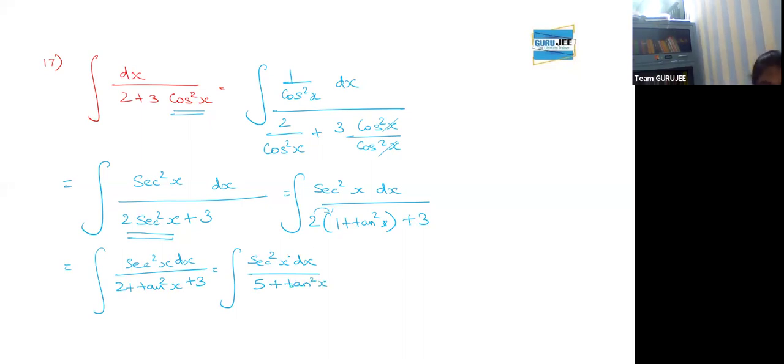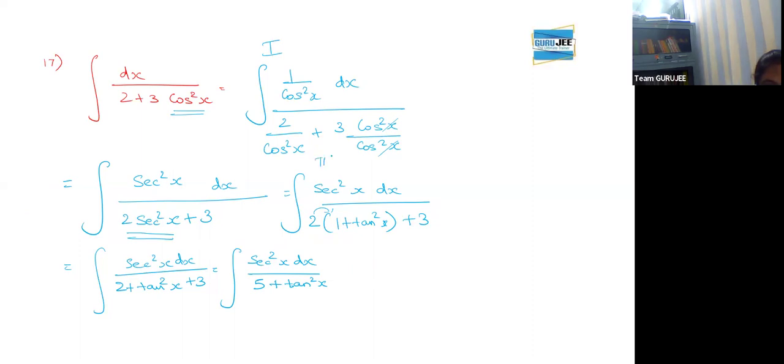Next, what are we doing? Third step, what is it? Substitute tan x equal to t. Your first step we applied divide by cos square.